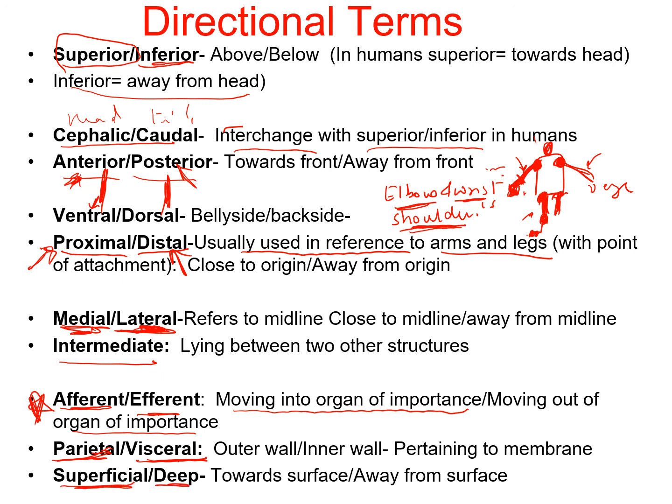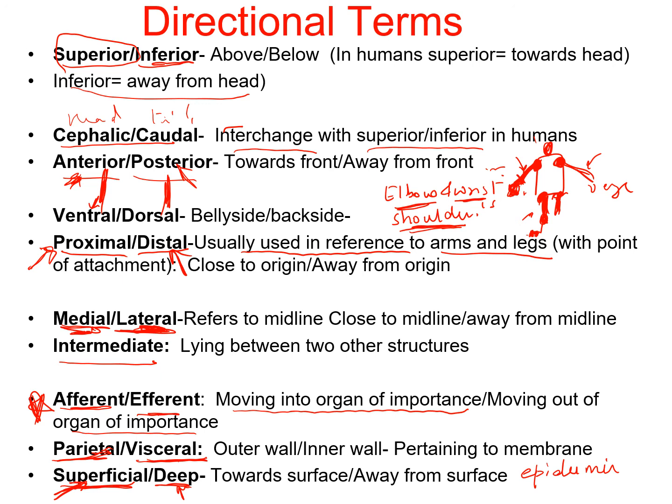Superficial and deep. Superficial is used when a body part is more external or towards the surface. Deep is used when the body part is more internal compared to the other part. So the superficial layer of the skin is called the epidermis.